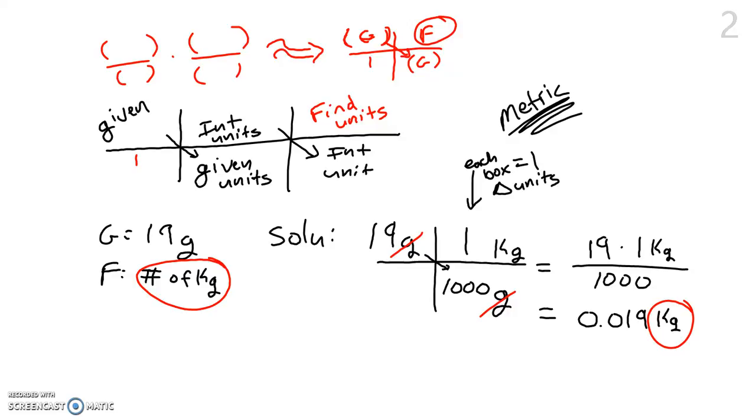And this is how we use the factor label method to solve chemistry equations. Very important. You use this in chemistry, you use this in physics, you use this in engineering, you use this in pharmacology. This is what we use in science to do some math, some easier math. Great.